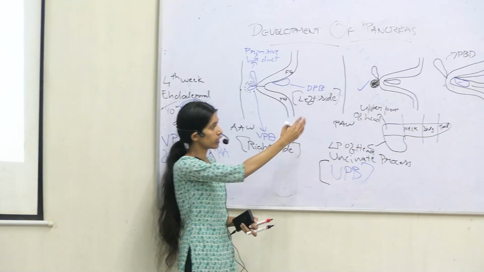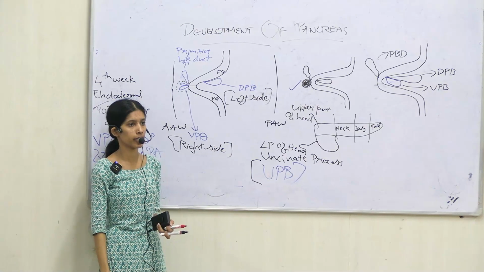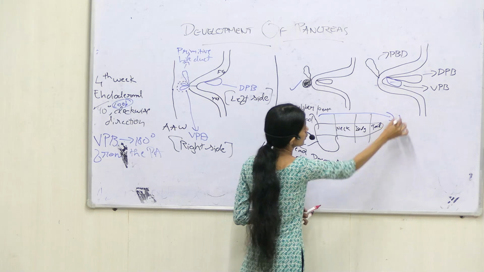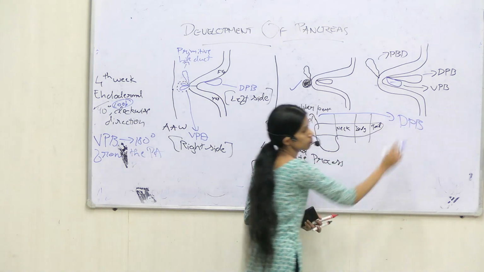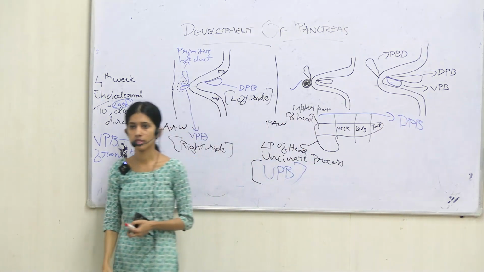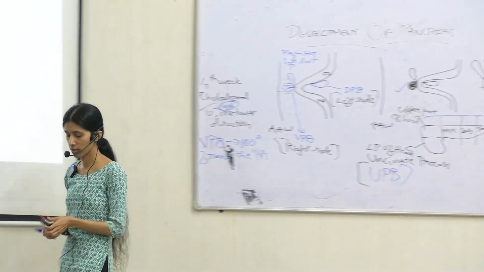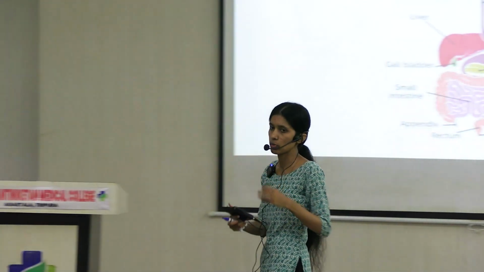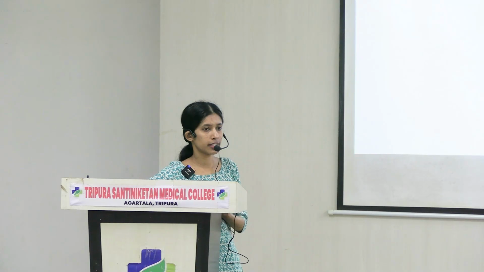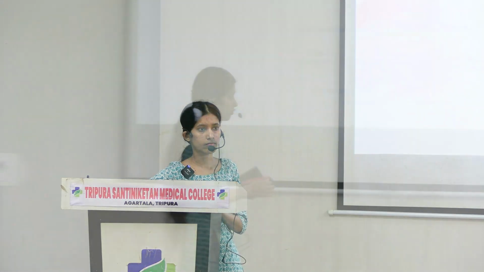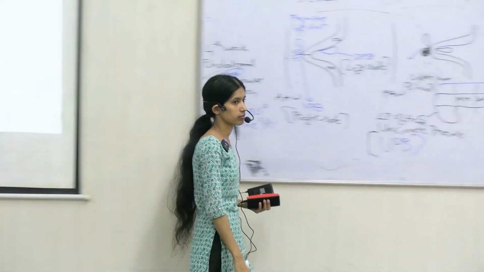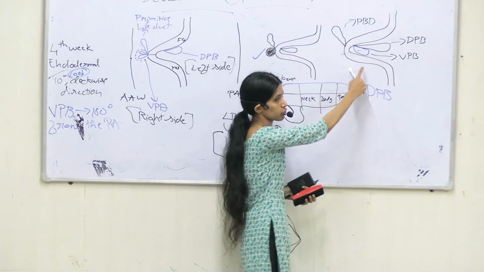All other structures, the upper part of the head, neck, body and tail, develop from the dorsal pancreatic bud. This is how the development of the pancreas takes place. Any doubts? We'll come back to this picture.